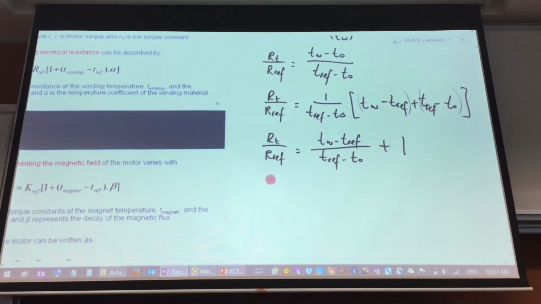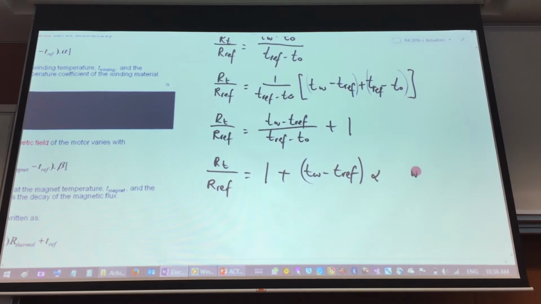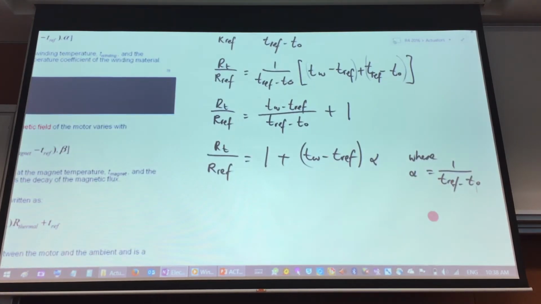And I'm going to simplify this further into 1 plus TW minus T ref, multiplied by alpha, where alpha is 1 over T ref minus T naught. And there's actually a special name for alpha. Alpha is called the temperature coefficient of the winding material.